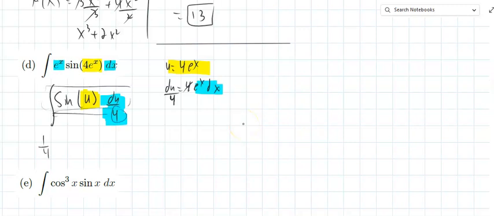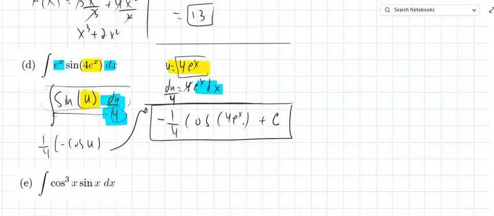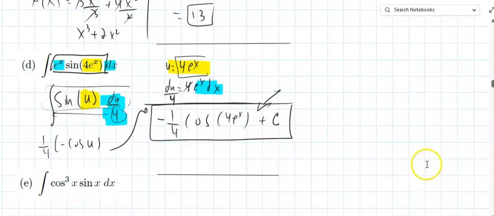What do you take a derivative of to get sine? Negative the cosine of u. And that will be negative 1/4 the cosine. And what was u? U was 4e to the x. Don't forget the plus c if it's not a definite integral. And there it is. This is what I take a derivative of to get that right there with respect to x.